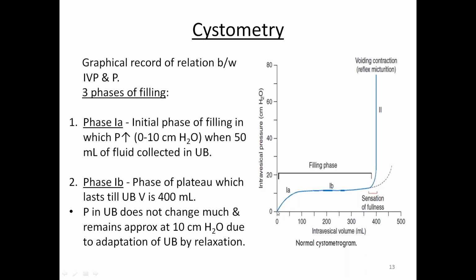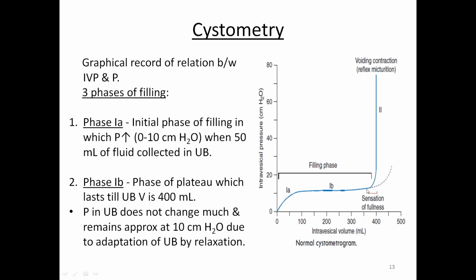The pressure rises from 0 to about 10 centimeters of water, which means roughly 50 ml of fluid has collected in the bladder. See here, the volume is given as 50 ml. So this is your phase 1A. Then phase 1B, this one, is a plateau phase, which lasts till the bladder volume is roughly around 400 ml.